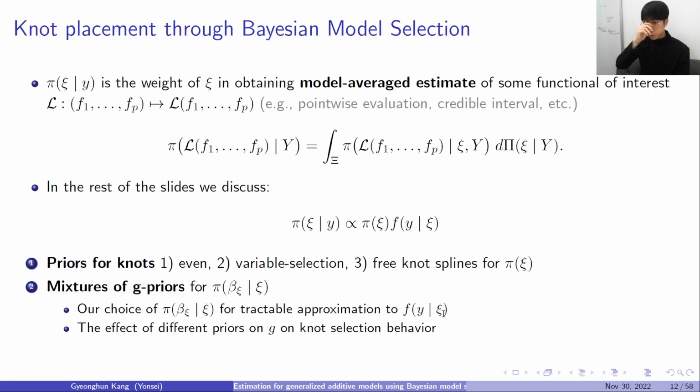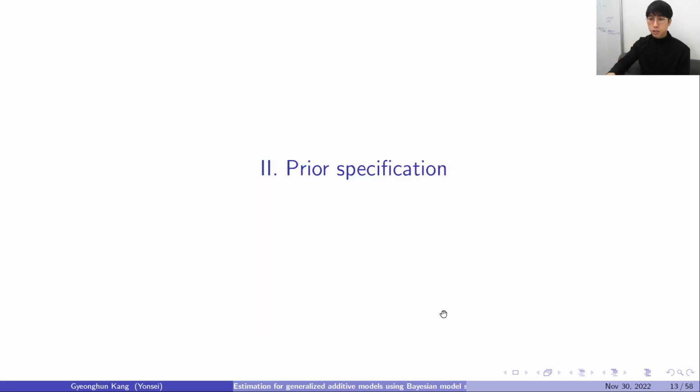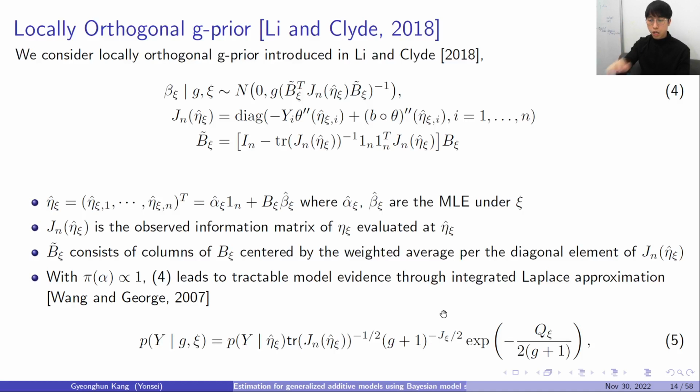In the rest of the presentation, we're first going to introduce the mixtures of G priors to calculate the model evidence, and we're also going to touch on the prior for the knot configurations.